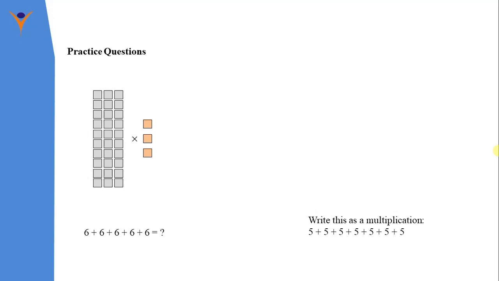So to make it easy, we can break the 3 tens into 3 parts. So we have 10 times 3, and that gives us 30. Then the second 10 times 3 again, 30, and then another 10 times 3, 30.